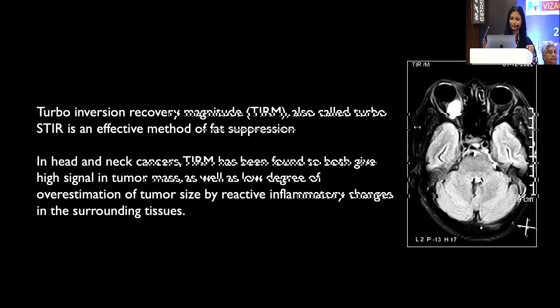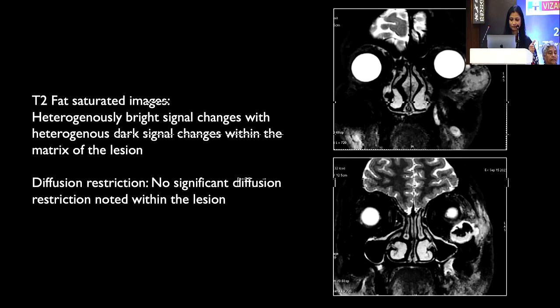We know that the orbit is full of adipose tissue, which acts as an external contrast agent if it is fat suppressed. So this TIRM is nothing but another way of fat suppression, and in head and neck cancers, TIRM has been found to give both high signal in tumor masses, and also a low degree of overestimation of tumor size by reactive inflammatory changes in the surrounding tissues.